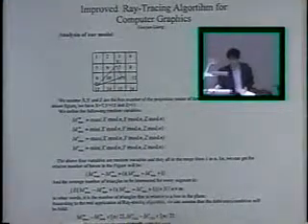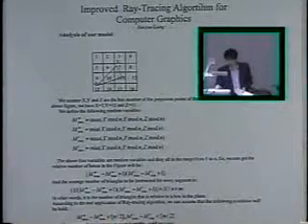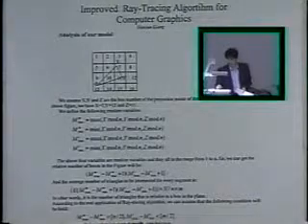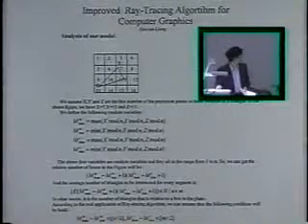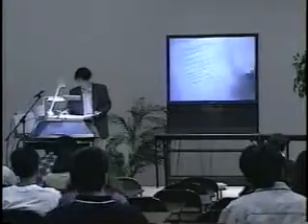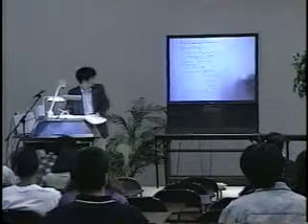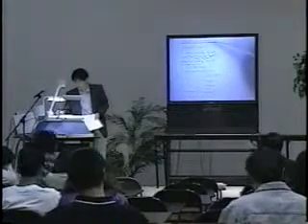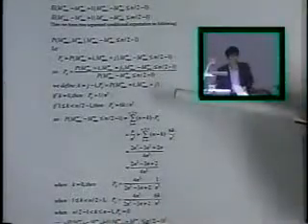To solve this conditional expectation, we use the Schwarz equation, which is here. First, we calculate the conditional probability of this random variable. I don't want to discuss it in detail here.